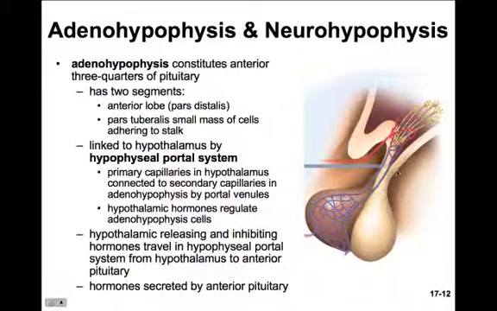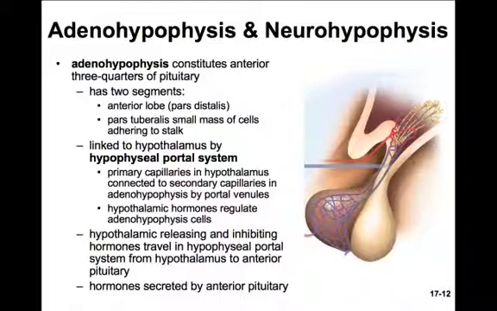Hypothalamic hormones regulate the cells that are here in the adenohypophysis, or the anterior pituitary. That is, neurons in the hypothalamus secrete their hormones into this capillary bed. These hormones are carried through the portal venules and are released into the tissue of the anterior pituitary. Here, they will have their effect on target cells.